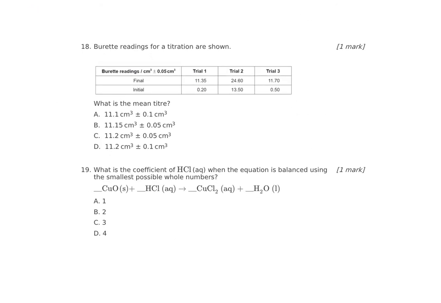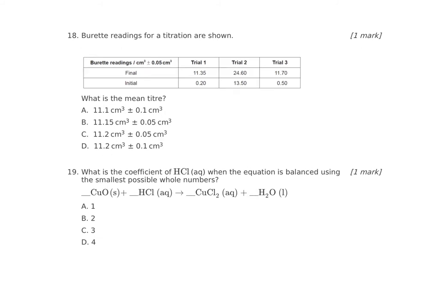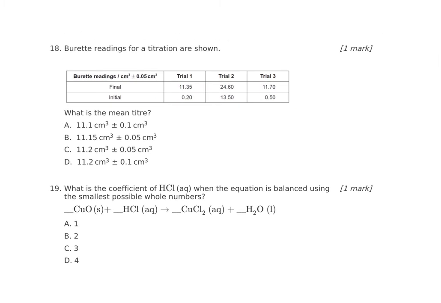Next question. So number 18. So burette readings. So let's work this out. Oh, this was quite a mean question. I remember going over this. But it's a good one to practice because it'll stop you getting tripped up in the real exam.